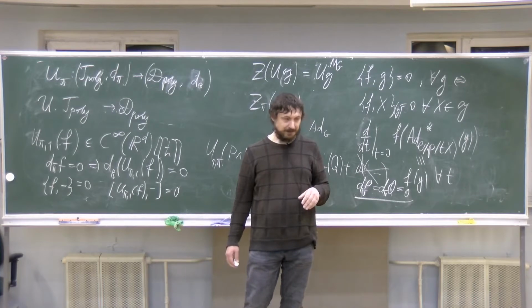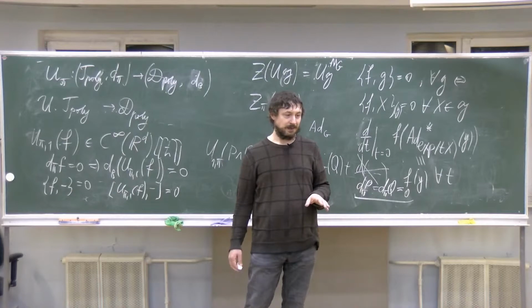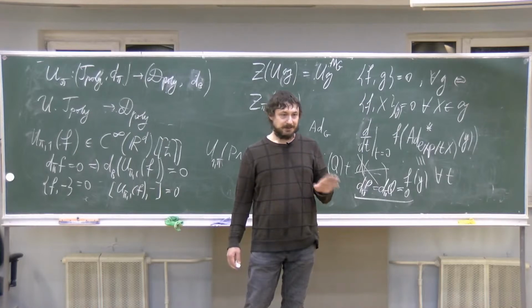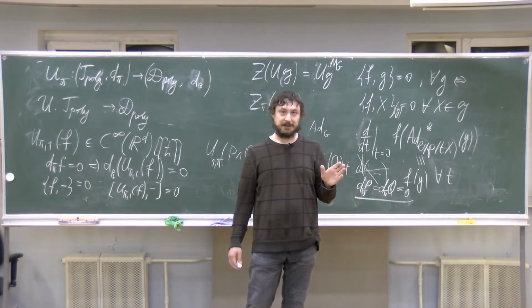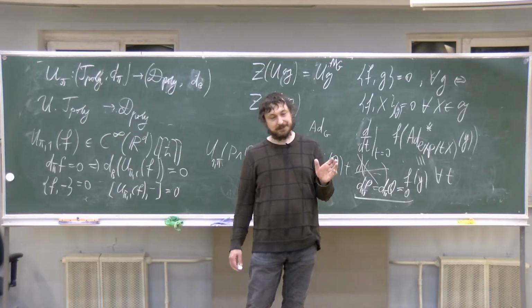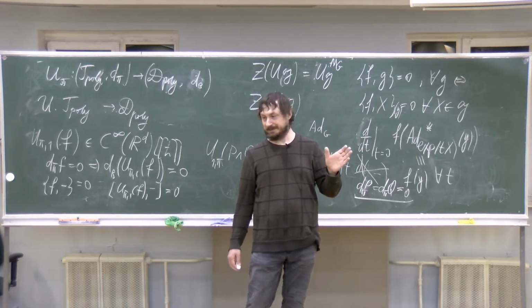On the 5th of April, I already arranged a talk by a person from Dubna, and he will speak about Manin matrices. There are two aspects of this. First of all, Manin matrices are matrices over non-commutative algebras, with non-commutative entries, but such that you can somehow define the determinant in a more or less consistent way.